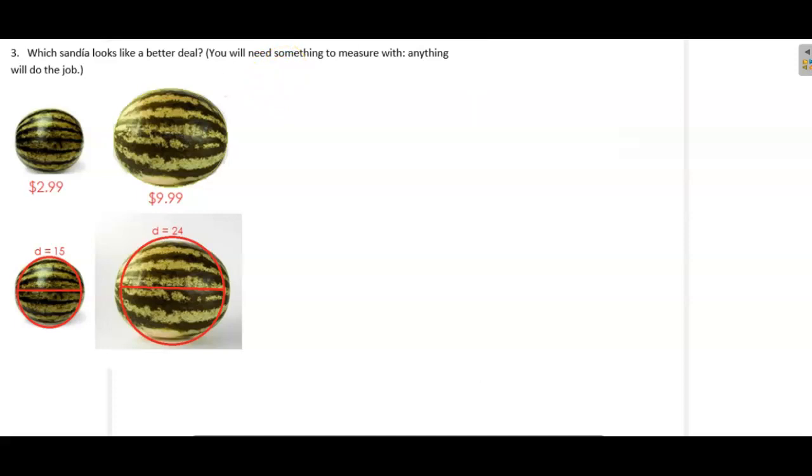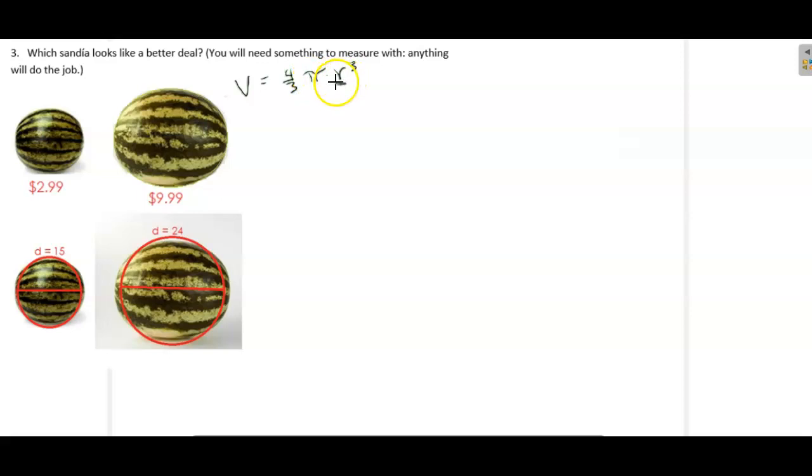The volume is equal to 4/3 times pi times the radius cubed. So if we look at the volume of the small one, in order to calculate that volume, we need to know the radius in each one of them. We know 4/3. Pi we can approximate as 3.14 if you'd like.